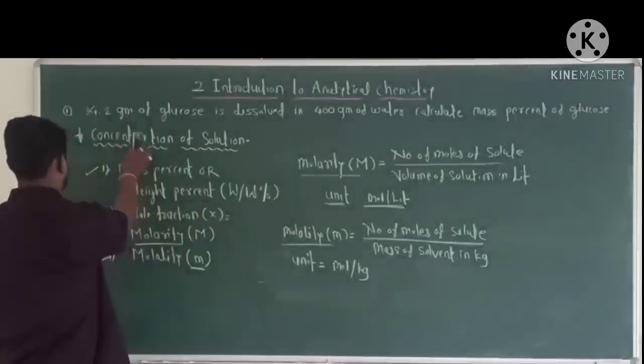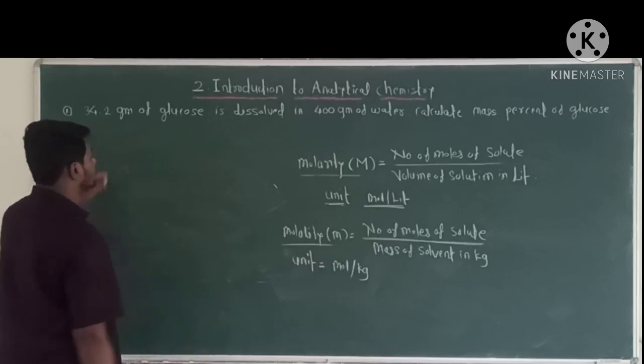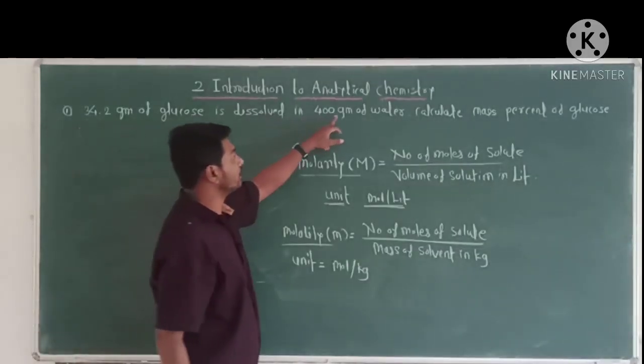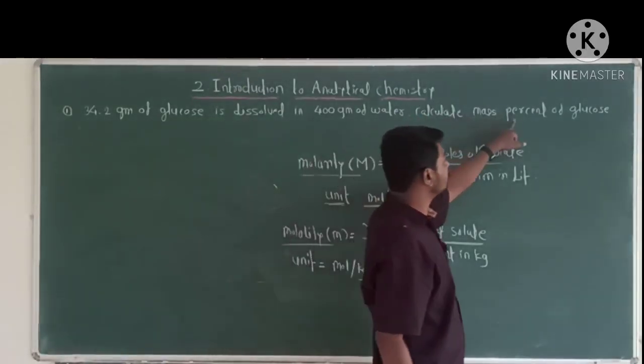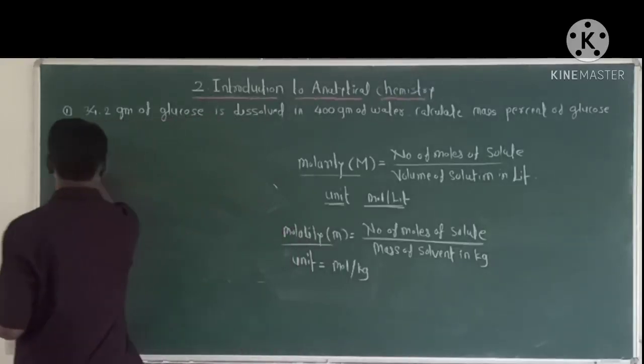Now first numerical: 34.2 gram of glucose is dissolved in 400 gram of water. Calculate the mass percentage of glucose. First of all, write down the given quantities.